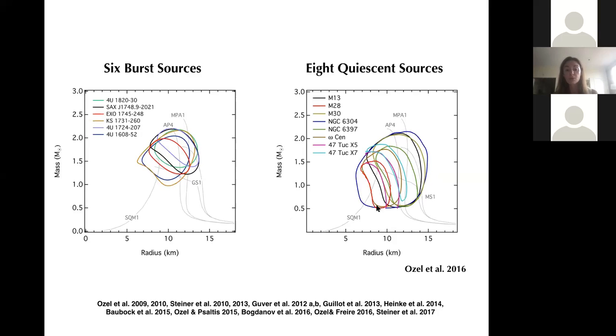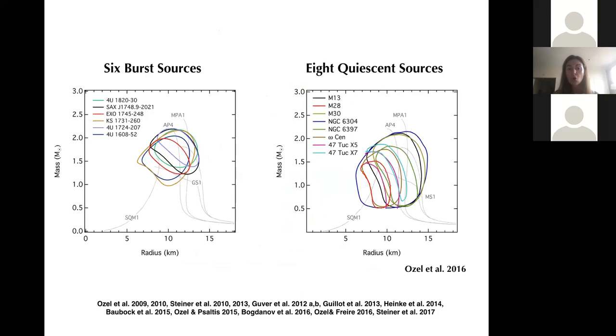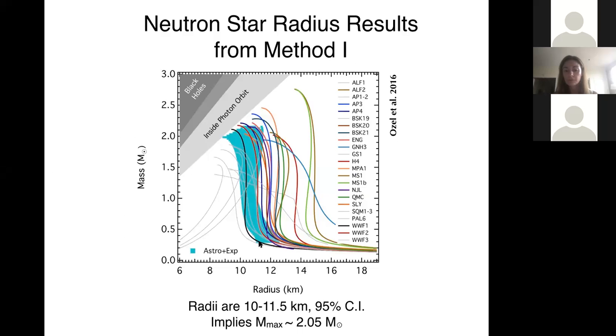So what we can do is put these together and ask, in this inversion that I introduced in the beginning, okay, now I have all of these mass radius measurements. If I combine them, what can I say about the neutron star equation of state? The blue band here shows you the best fit mass radius relation that explains all of these 14 sources.